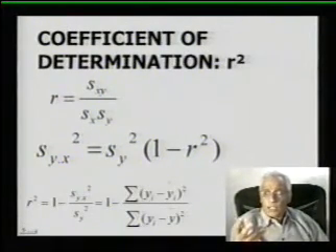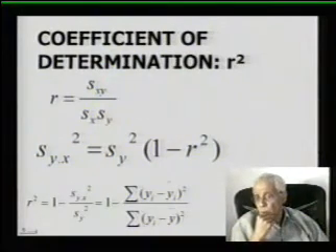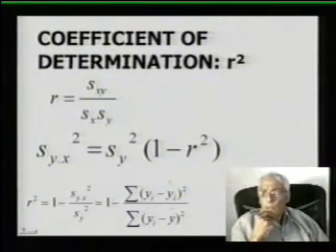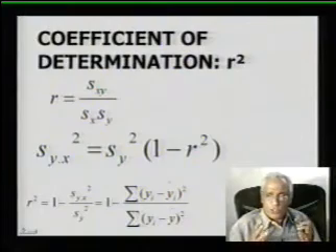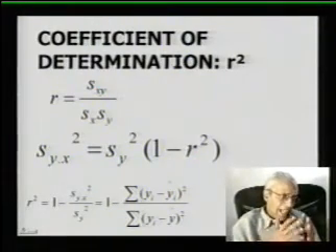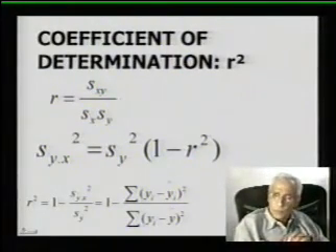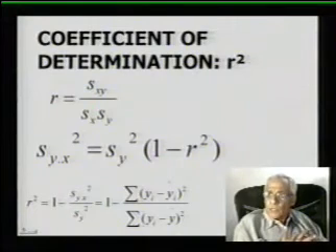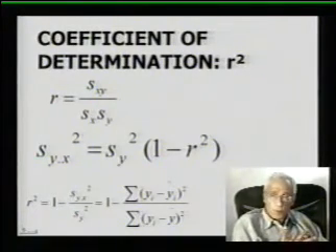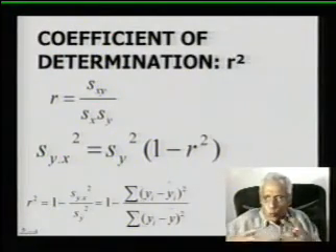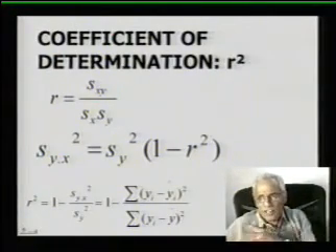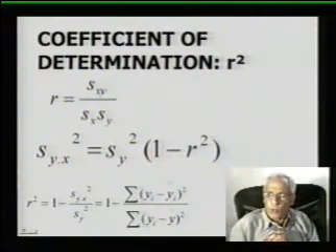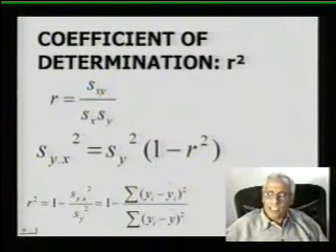So the R squared derived directly from R will be equal to 1 minus the sum of the squares of the differences between the actual value and the predicted value, divided by the sum of the squares of the differences between the actual value and the average. Now we're connecting R squared with the analysis of variance concept that we mentioned a minute ago, because we have mentioned this as being the error term, and we have mentioned this as being the regression sum of square.